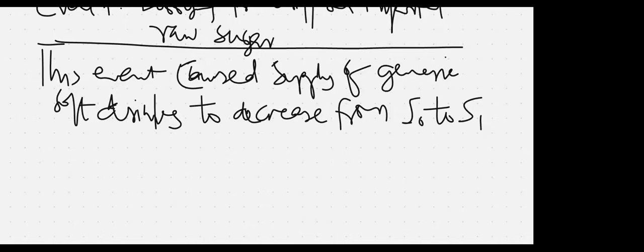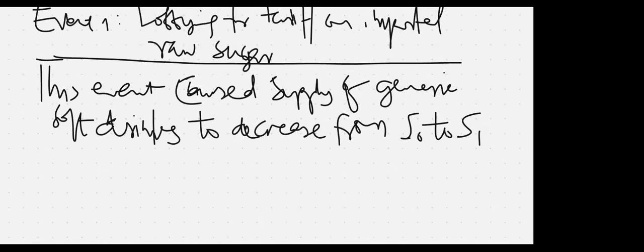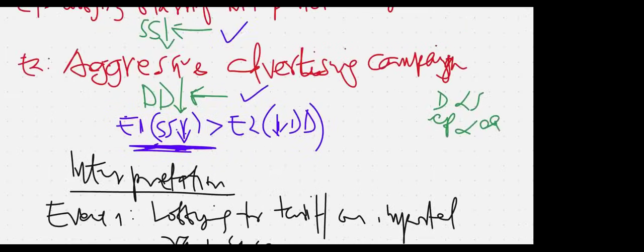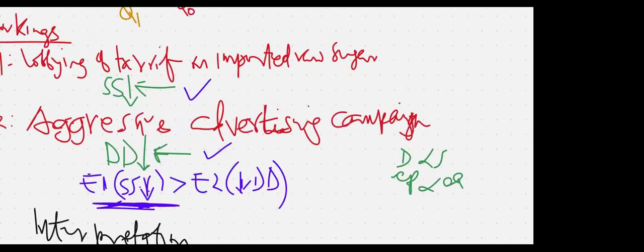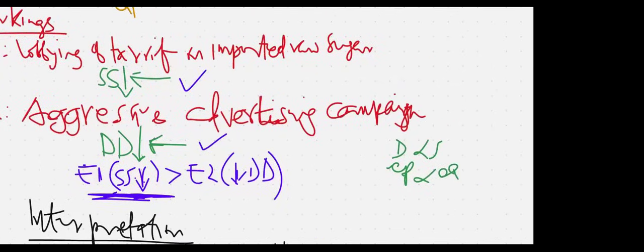Now pay attention. The question was asking how these events impact the equilibrium price and quantity. And remember I told you that these are in pairs. Demand and supply is a pair. Equilibrium price and quantity is a pair. So if one of the events affects demand, automatically the second event will affect supply.